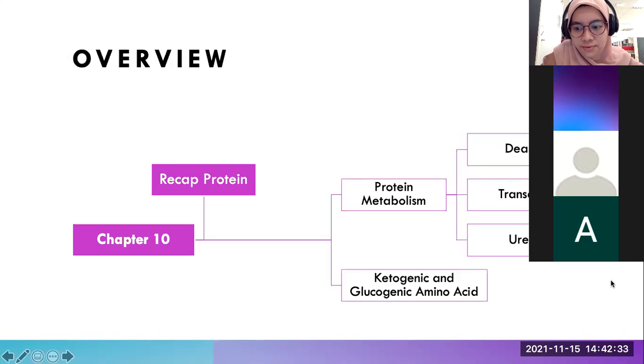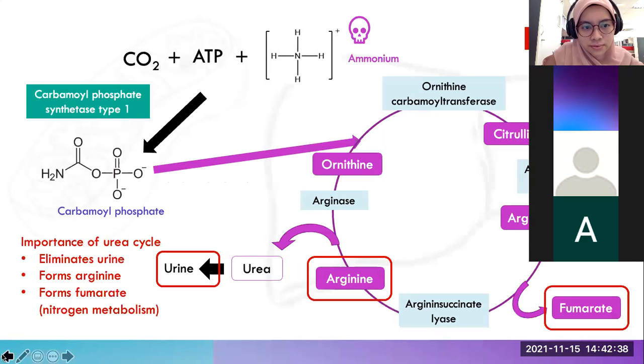For the first step of the urea cycle, the reaction is carbon dioxide plus ATP plus ammonia. If you write it, it will be like this. This is ammonium, written briefly, plus carbon dioxide.